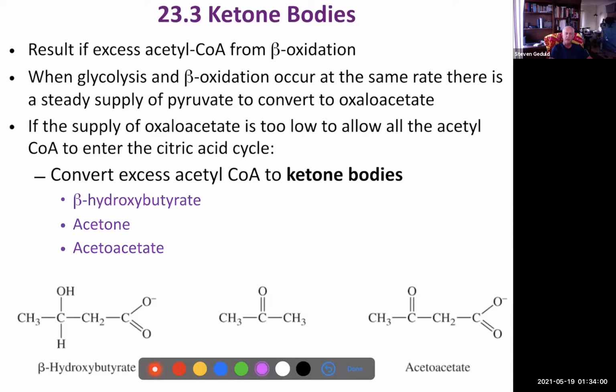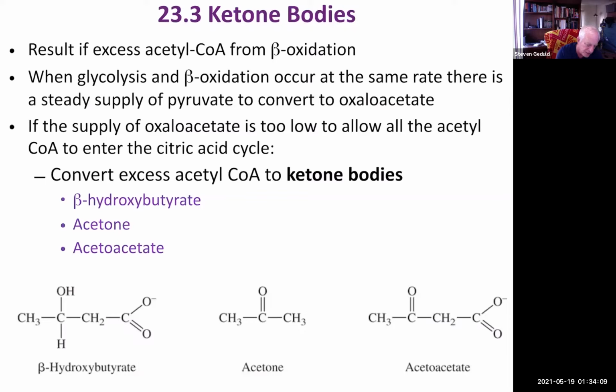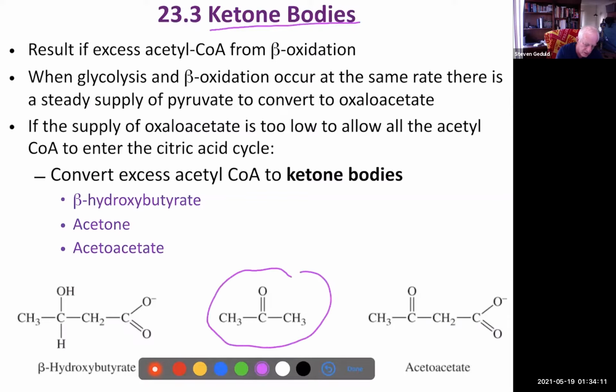Okay. So ketone bodies. Ketone bodies are carbon compounds that have a ketone in them. Okay. If you look at this, this is acetone, which has a ketone, acetoacetate, which has a ketone. Okay. So they're the result of excess acetyl coenzyme A from beta oxidation.